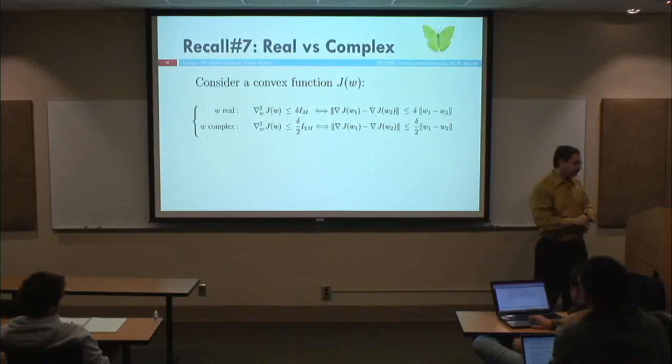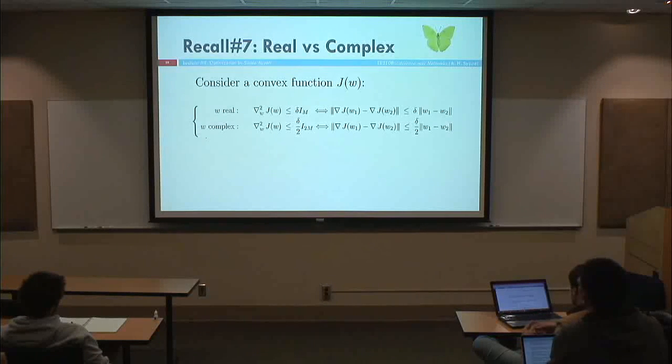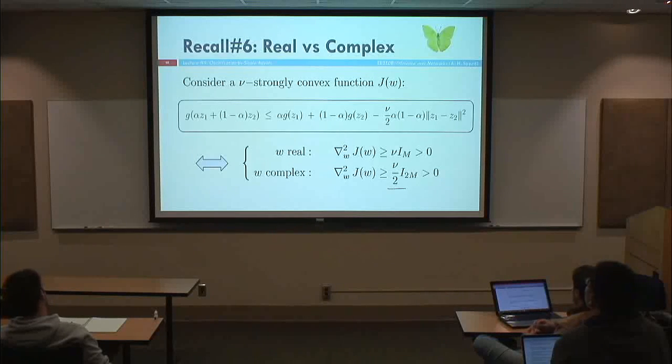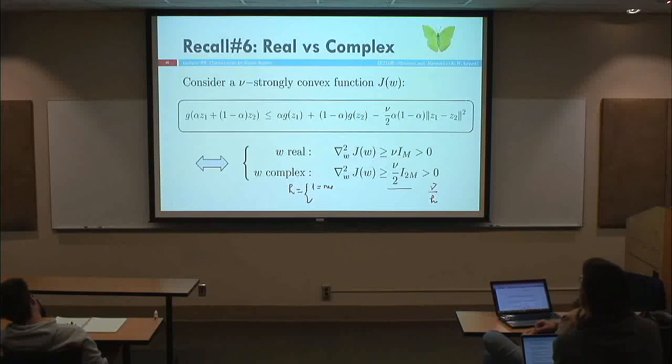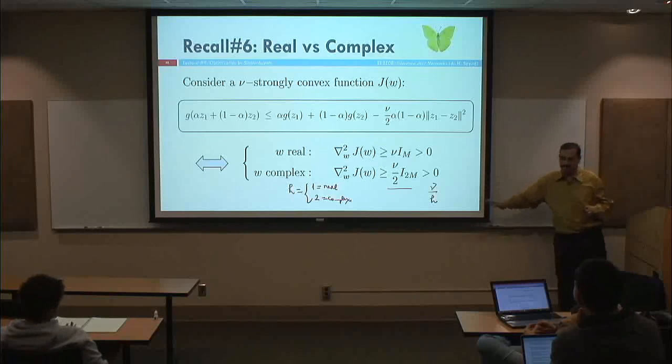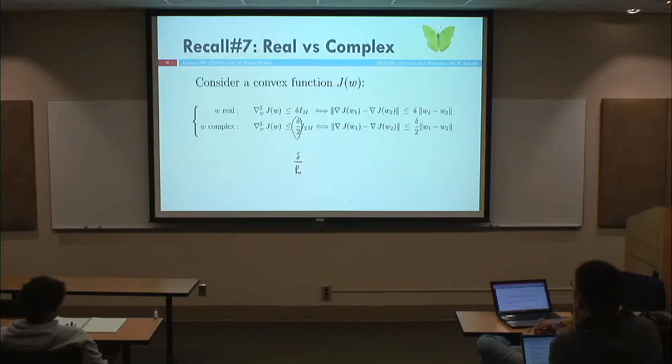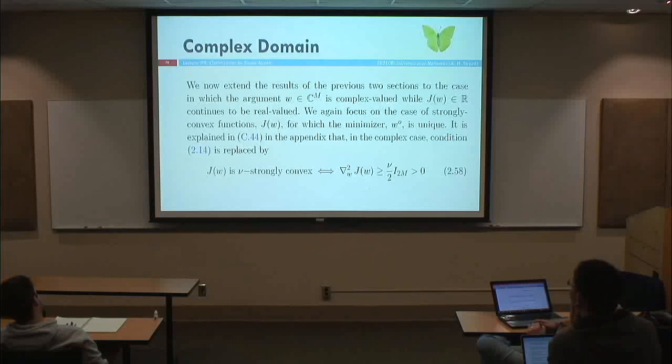And that's why from now on, whenever I talk about a bound on the Hessian, I'm going to write it like this, delta over H. And whenever I talk about a lower bound on the Hessian, I'm going to write it like this, nu over H. Where this H is a variable: if you are dealing with real omega, you set it equal to 1. If you are dealing with complex omega, you set it equal to 2. So you don't have to worry about this detail anymore, once you settle on this convention. From this point onwards, that's what I will be doing.